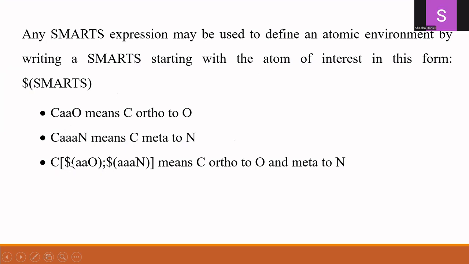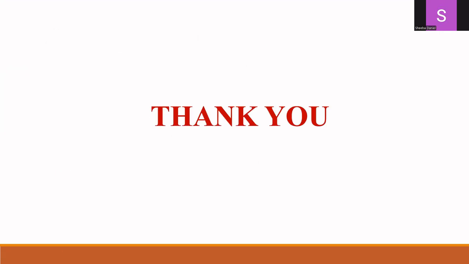The square bracket, the symbol, the ortho-O, semicolon, the symbol meta-N represents carbon ortho to oxygen and meta to nitrogen. So these are some examples of SMARTS representation. Hope you understood SMARTS representation, that is, the SMARTS query language.